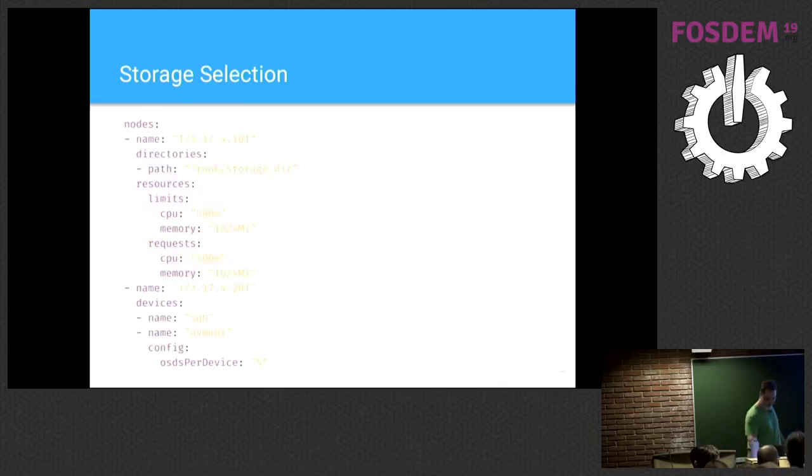And if we go just one further, we are at the nodes list here, and there you can see that, for example, you have this node. You say, use a directory, and have those resource limits in place from the Kubernetes side, so the OSD container for this node, as it's on the node level here, will have those resource limits in place. Then, for example, here with a device, you have the node name, and in this case specifically say, hey, use sdb.